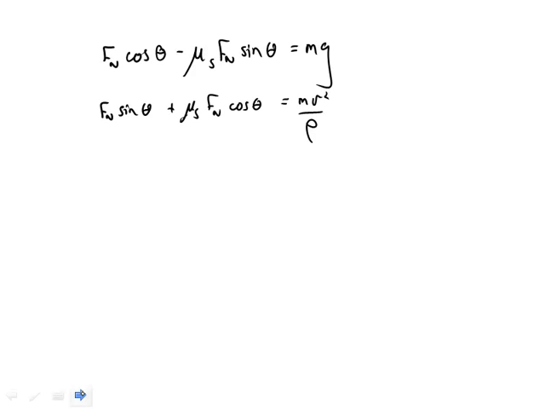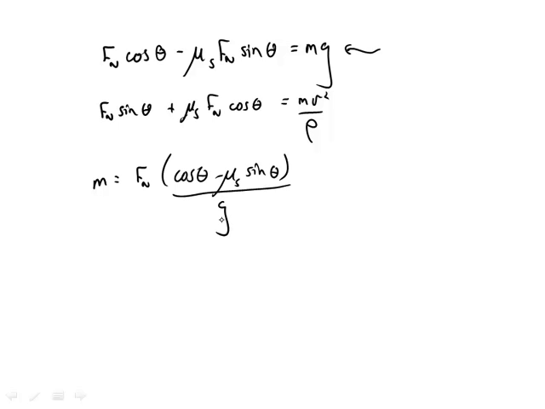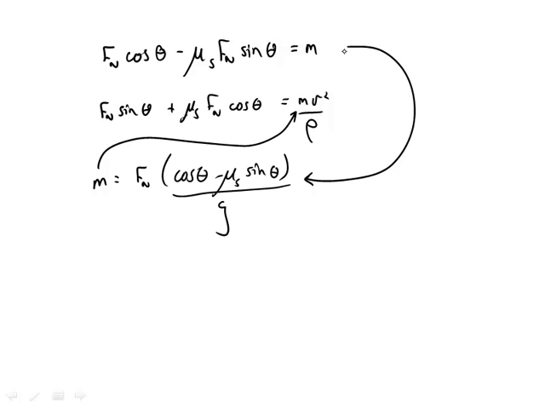All right, so let's take this first equation. I'm going to solve that for m. And so I get m equals Fn times cosine theta minus mu sub s sine theta, all over g. And I'm going to substitute that into the second equation. So this is the top equation solved for the mass, and then I substitute that into the second equation.